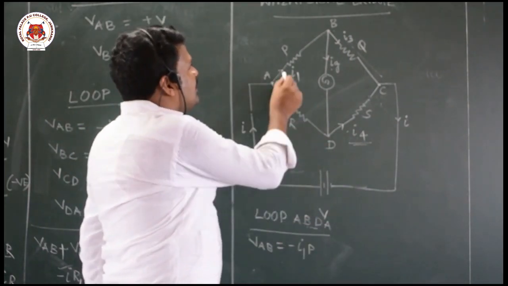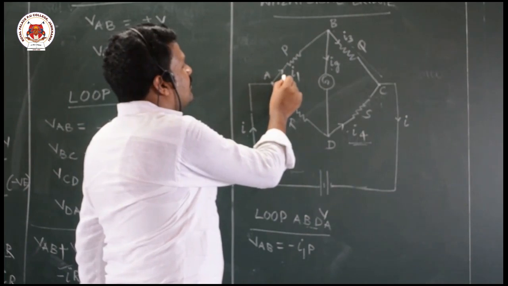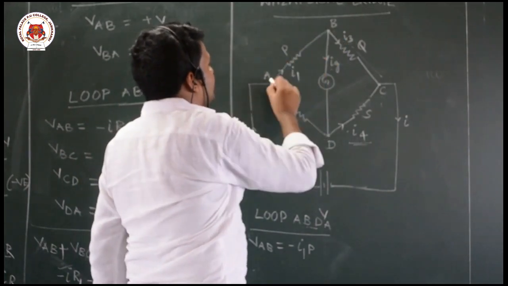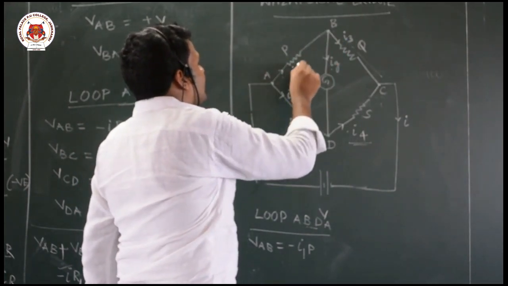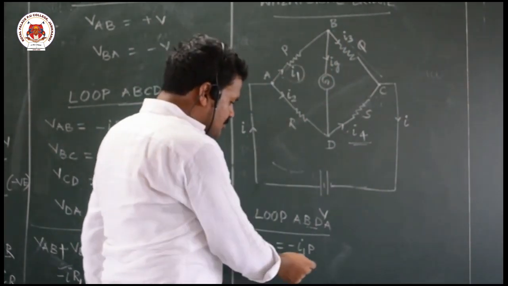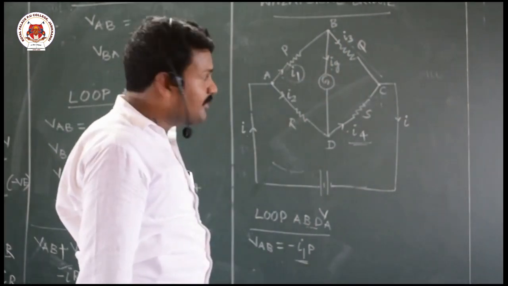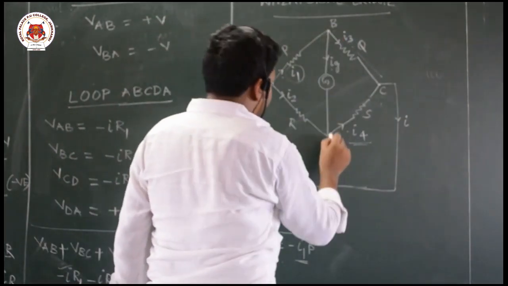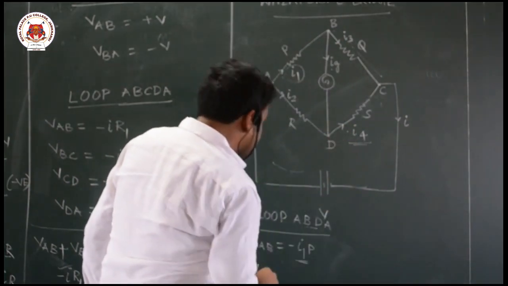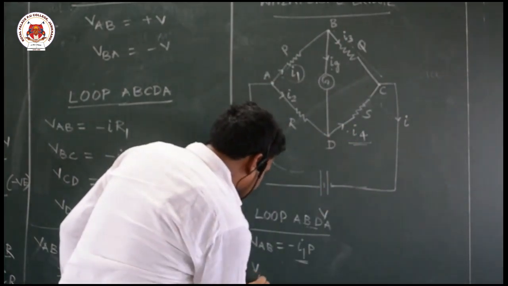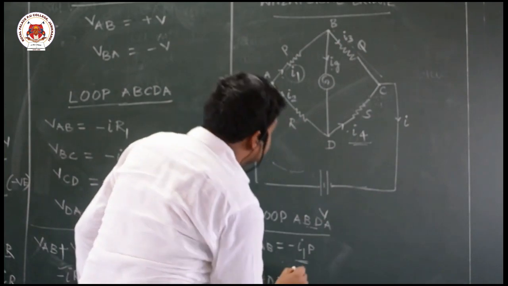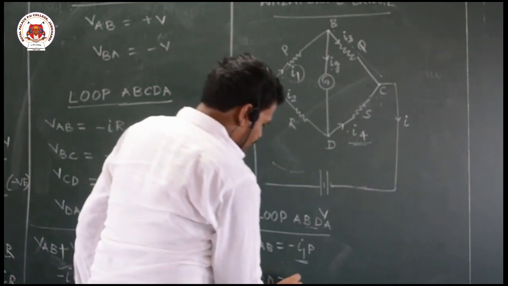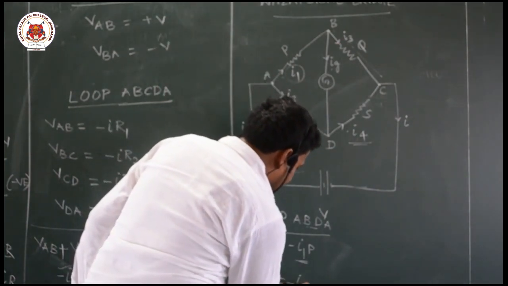The reason is, you are moving from A to B through the resistor, in the direction of current, so I have to take minus I1P. And next, move from B to D. The potential difference from B to D is equal to minus Ig into G.